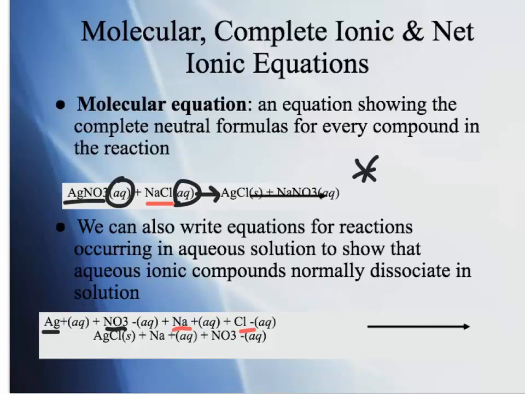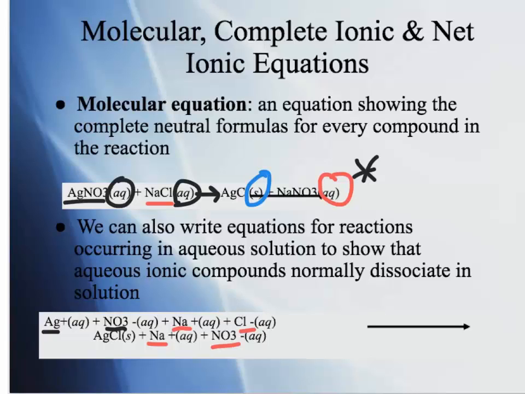Now on the other side of the equation we have aqueous over here, so we would write sodium ion aqueous and the nitrate ion aqueous. The only place we do not have an aqueous is right here, this solid. So we cannot write that out as ions because they actually find each other, they're attracted to each other, and they hold tight as a solid substance.